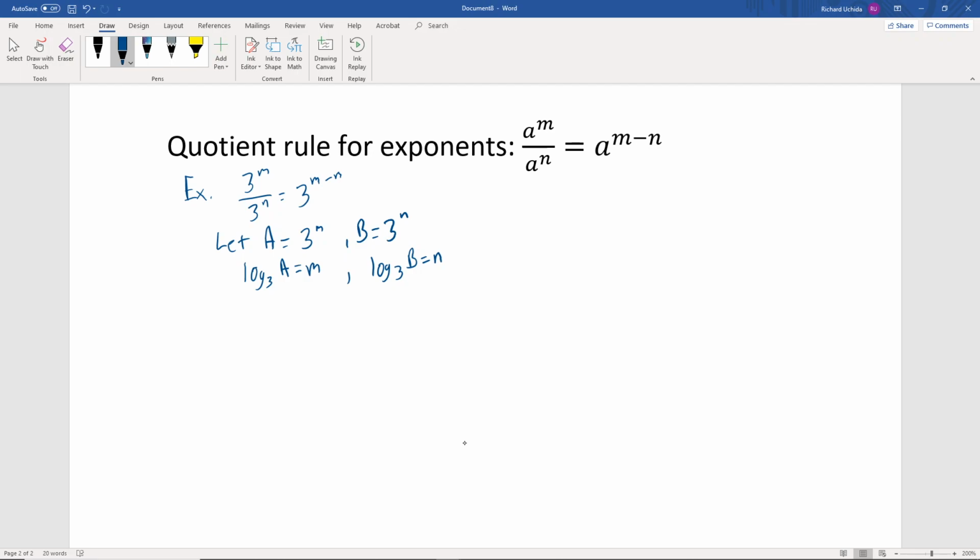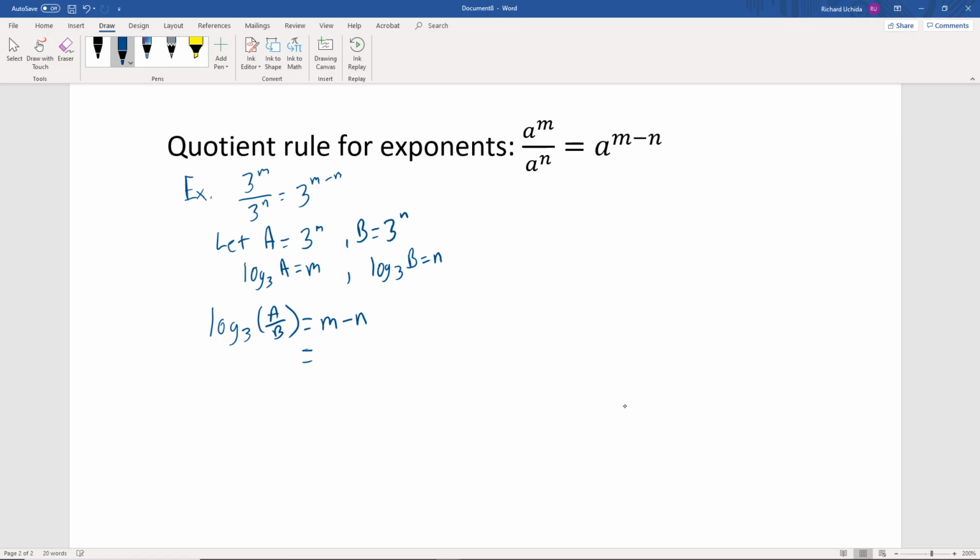So looking at log base 3 of a over b, what if we have the log of a quotient? Remember, a over b was equal to 3 to the m over 3 to the n. So log base 3 of a over b is the same thing as asking, what do we have to raise 3 to to get 3 to the m over 3 to the n, which is the same thing as what do we have to raise 3 to to get 3 to the m minus n. Well, we have to raise 3 to the m minus n to get 3 to the m minus n.